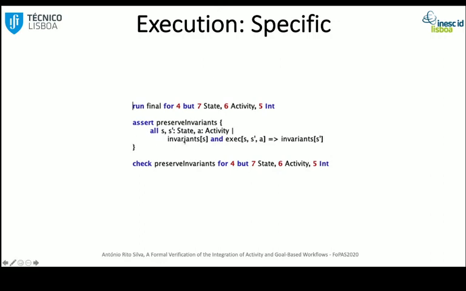For example, in this case, what we check is for all states S and S prime, such that S prime is the result of executing activity A in state S, if the invariants hold in state S, it means that the invariants should hold in state S prime.